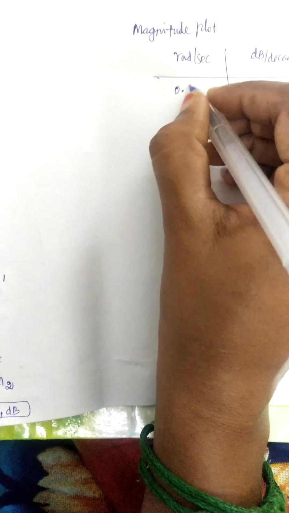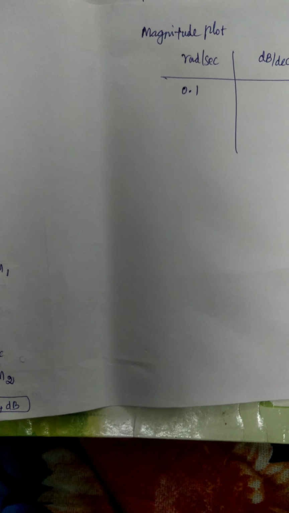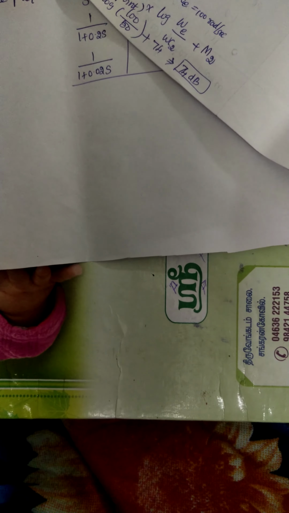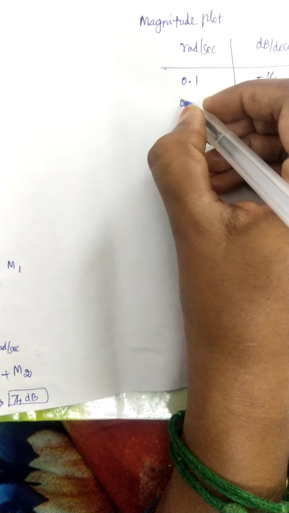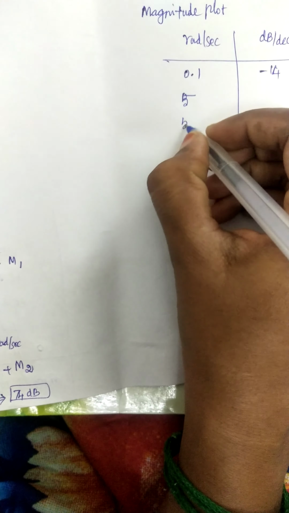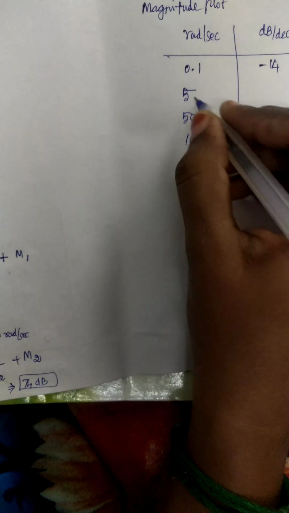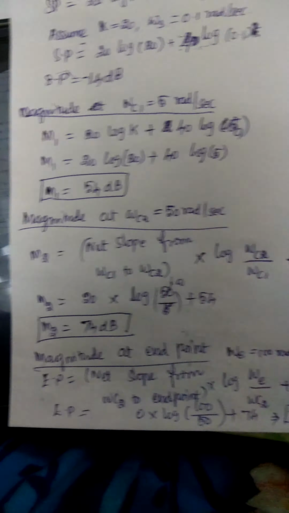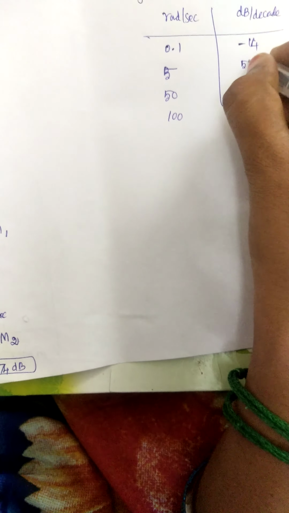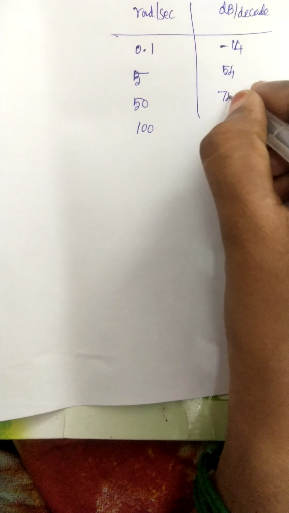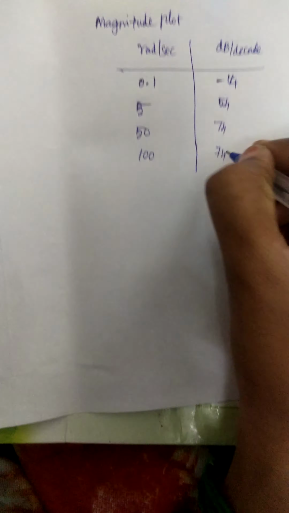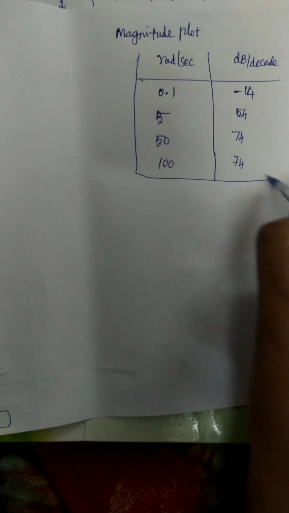My first frequency is 0.1, and for that starting point the decibel value is minus 14. Then the second one 5 radians per second, then 50 radians per second, then 100 radians per second. For 5 radians per second my magnitude value is 54. For 50 radians per second it is 74, then 100 also 74. So that's our magnitude plot.